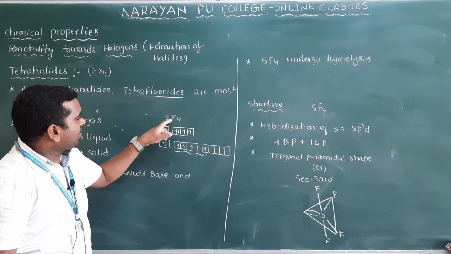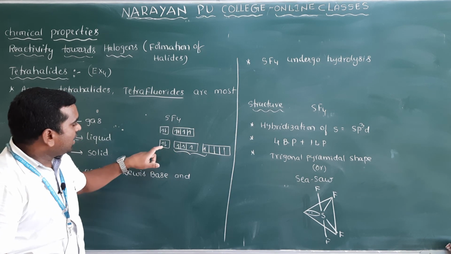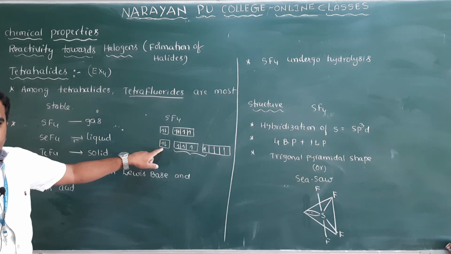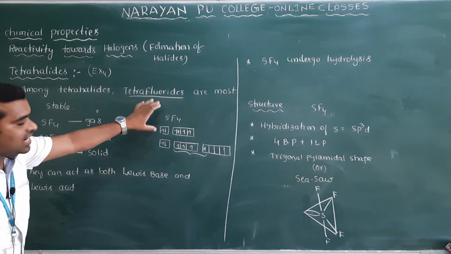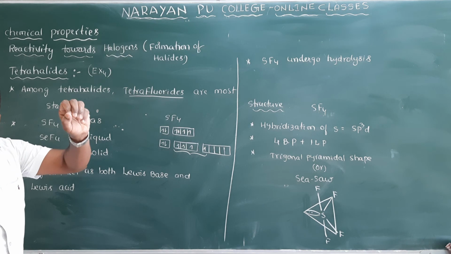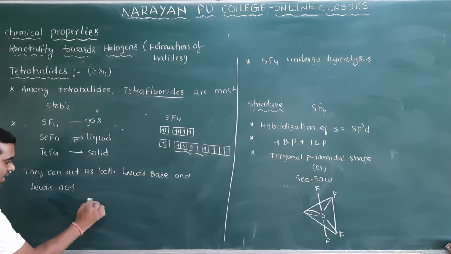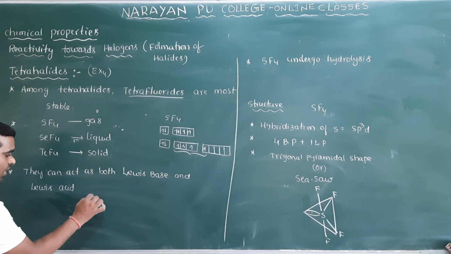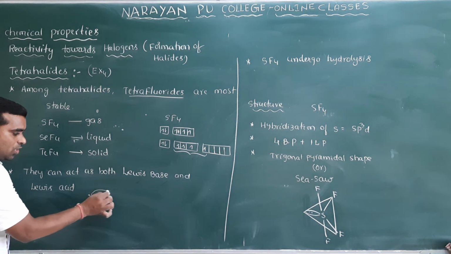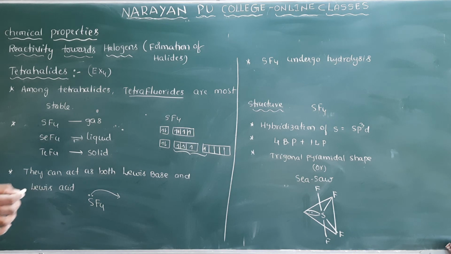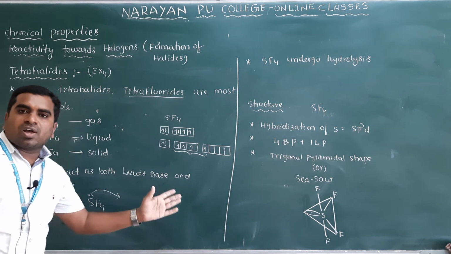So sulfur forms 4 bonds, and one lone pair of electrons is there on the sulfur. So tetrafluorides will have one lone pair on the central element. It can donate this lone pair of electrons to others. So what do we call an electron pair donor?